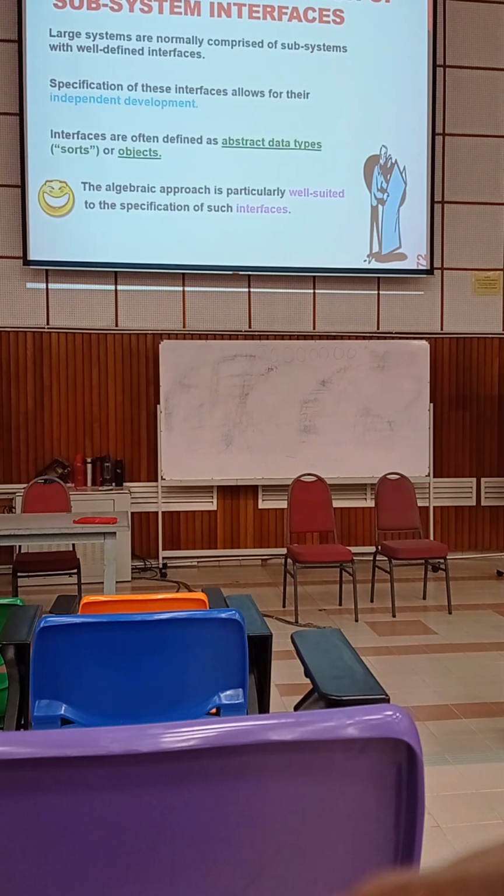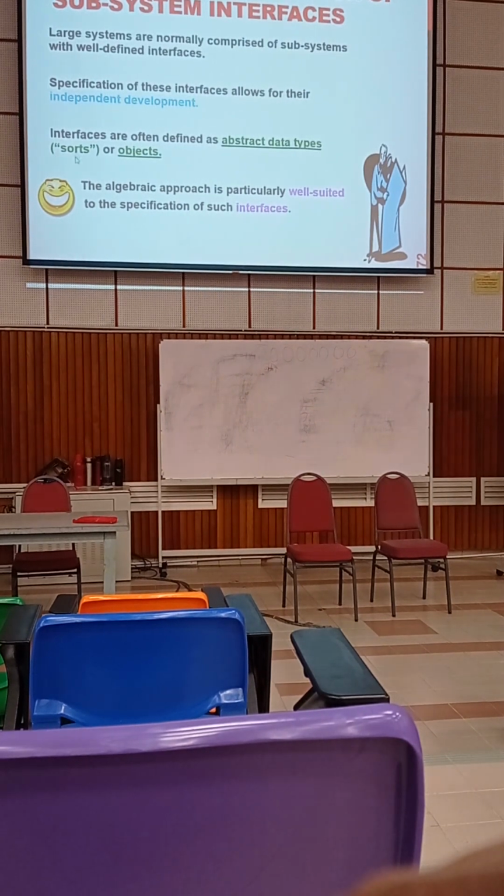I don't touch any type of formal method specifically. So you need to know it in general. Interfaces are often defined as abstract data types, sorts. So the interface in algebraic specification is known as sorts, or objects. The algebraic approach is well suited to specification of interfaces.